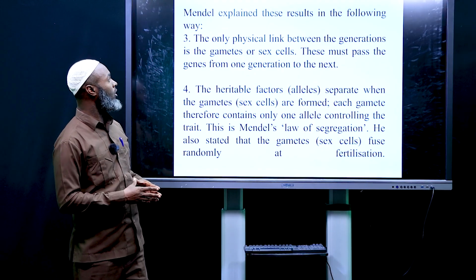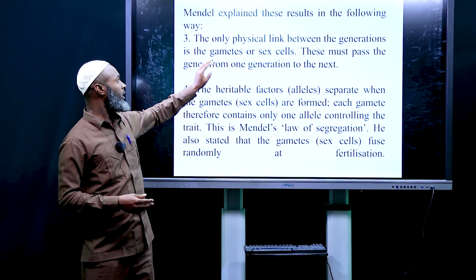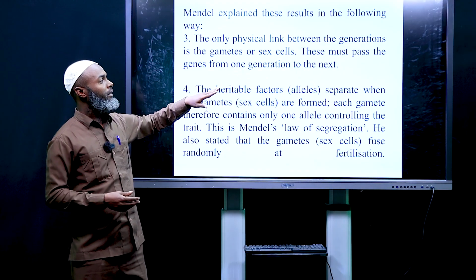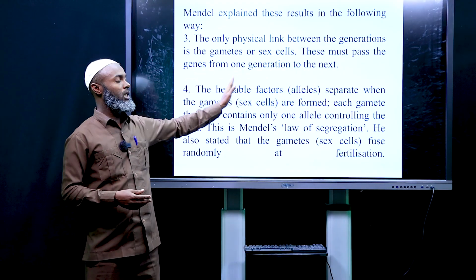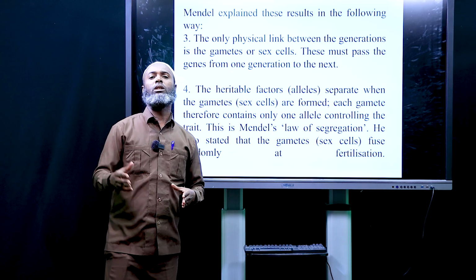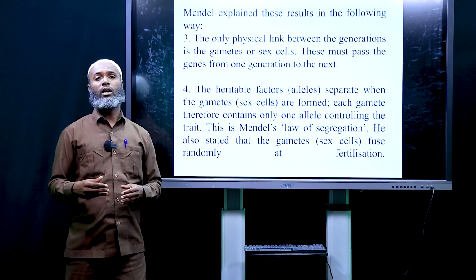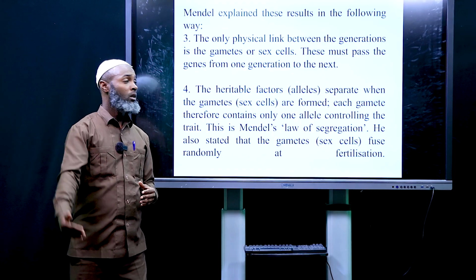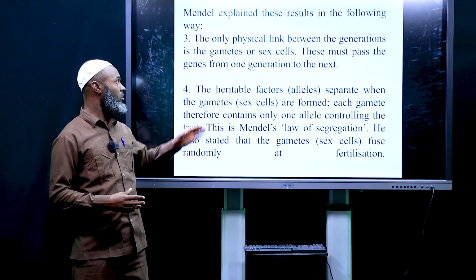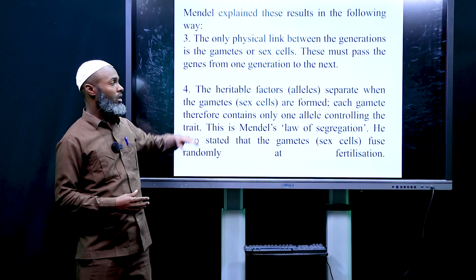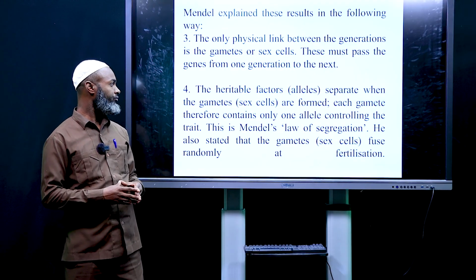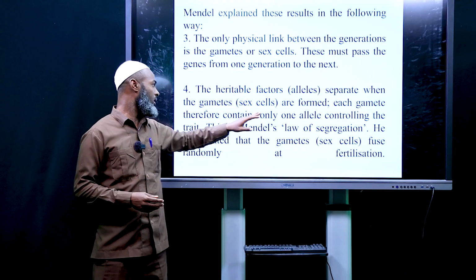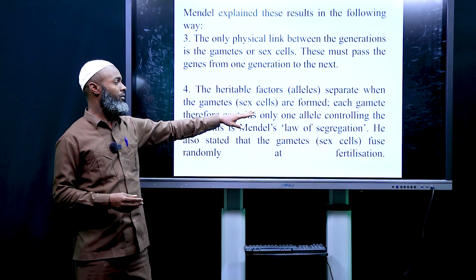Mendel also explained that the only physical link between the generations is the gamete or sex cell. These must pass genes from one generation to the next generation. So genes are used to transfer genetic information from one generation to the other by using gametes, or sex cells. The heritable factors or alleles separate when the gametes are formed.